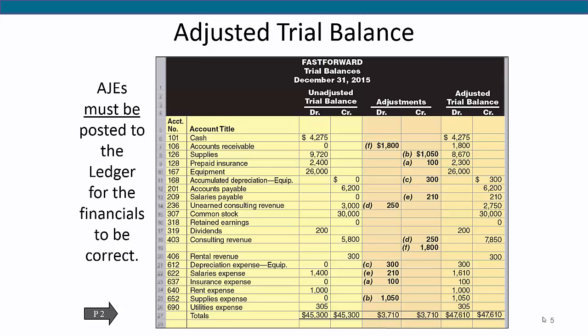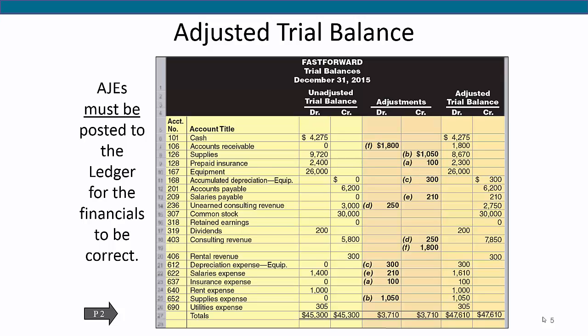And an adjusted trial balance, those are the two columns on the right, is a list of accounts and balances prepared after adjusting entries have been recorded and posted to the general ledger. The adjusted trial balance is the cleaned up version used to prepare the financial statements.